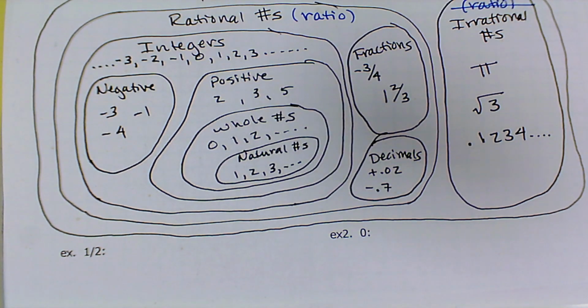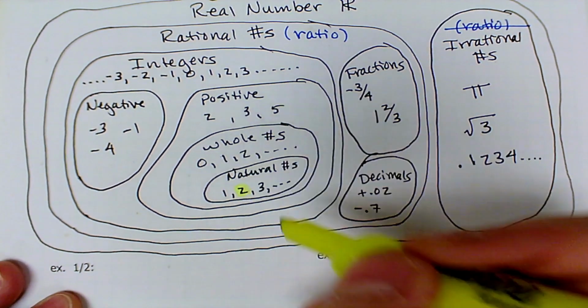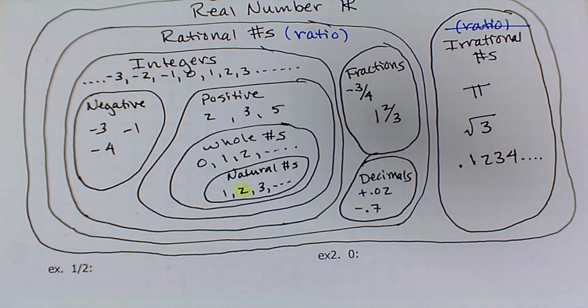All right, let me show you how to read the chart. If I give you the number 2, 2 is a natural number. It is a whole number. It is a positive number. It is an integer. It is rational, and it is real. So 2 has a lot of names.